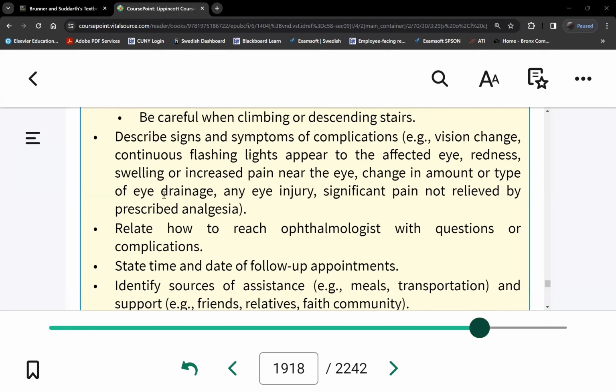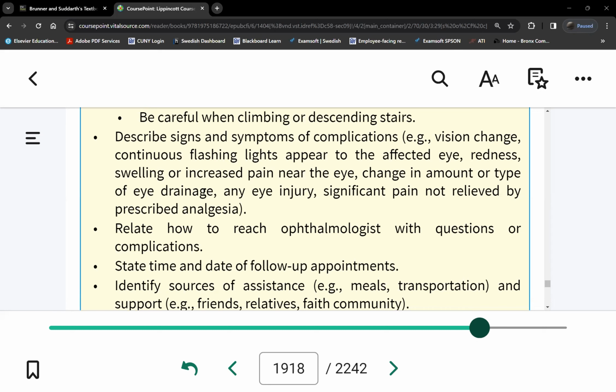Change in the amount of drainage. You've all had pink eye. What does the pink eye color look like? The drainage. Anything colorful, right? When we wake up in the morning, do we sometimes have crust at the corner of our eye? Yes, what is that color? White, right? That's usually white or sometimes clear. That's normal because that's just from the dirt you were exposed to during the day.